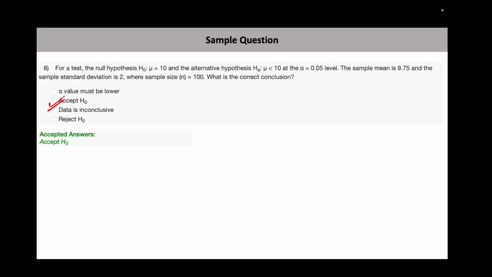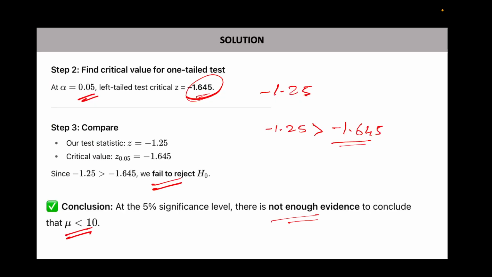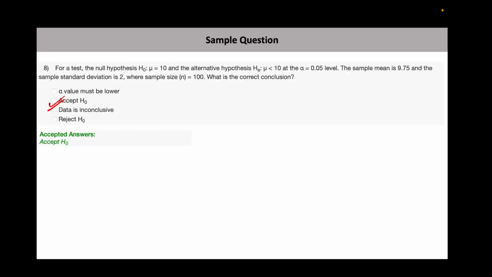If there was any confusion at this point, the answer was that we failed to reject the null hypothesis. That means that H naught will be accepted. In this case, H naught was mu equals 10, so it will be accepted. So answer B is correct, accept the null hypothesis.